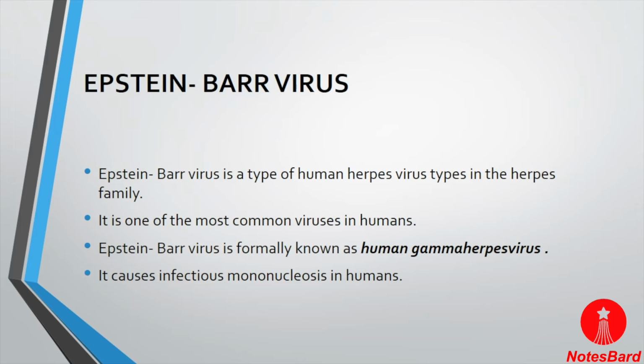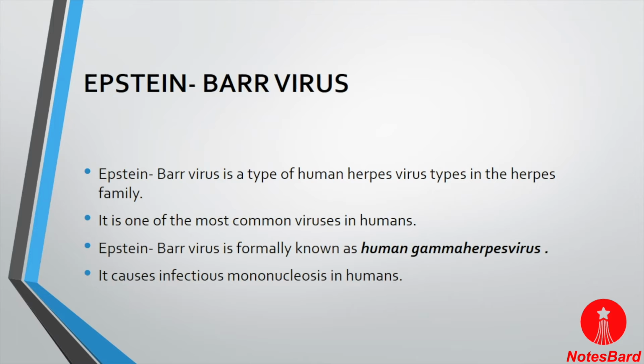The Epstein Barr virus is formally known as human gamma herpes virus. It is the scientific name given to the Epstein Barr virus, and it causes a very common and infectious disease named mononucleosis in humans.